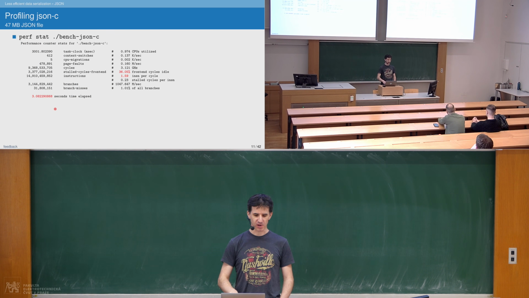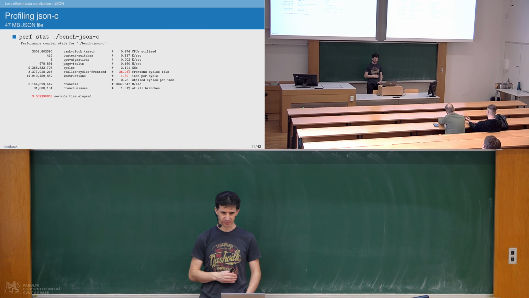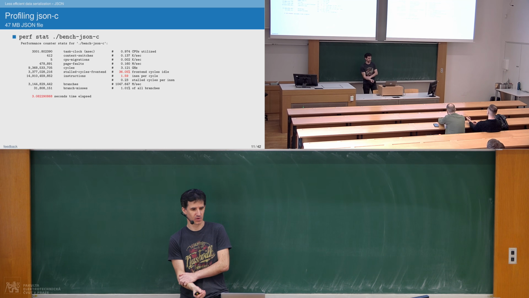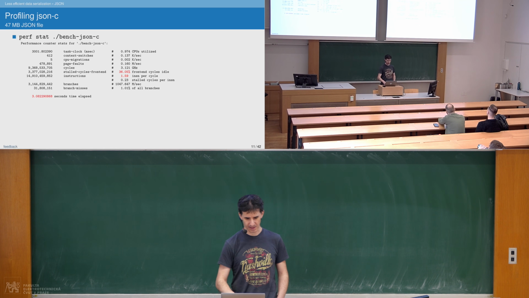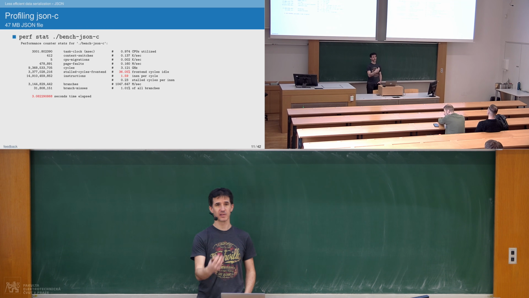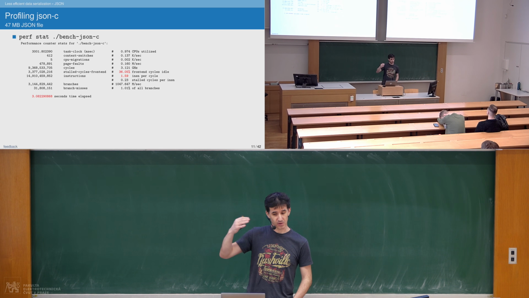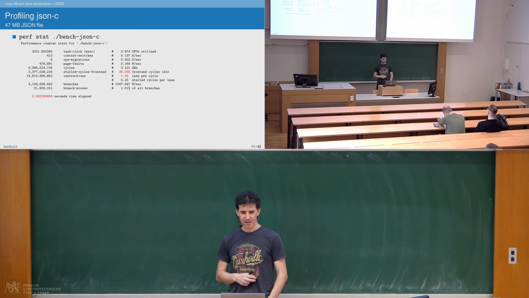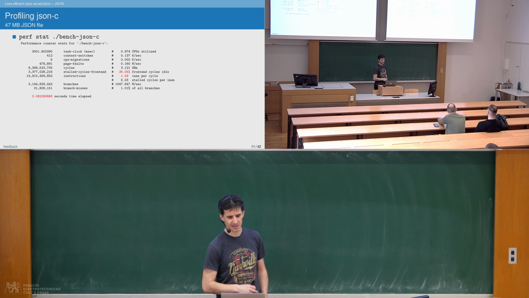If we run this program on an almost 50 megabyte JSON file that I created for this benchmark, and run the program through perf, we can see that on the computer I was using back at the time, the benchmark took 3 seconds to parse this 50 megabyte file.